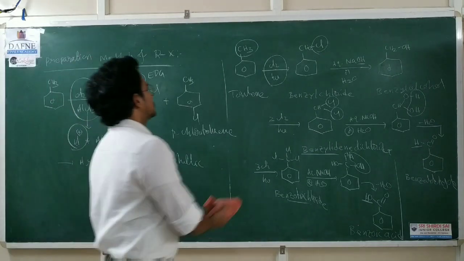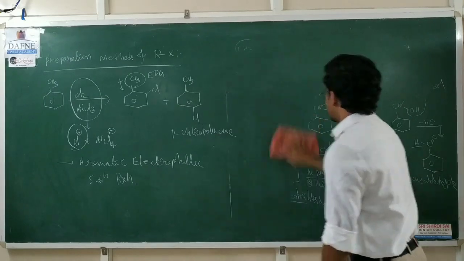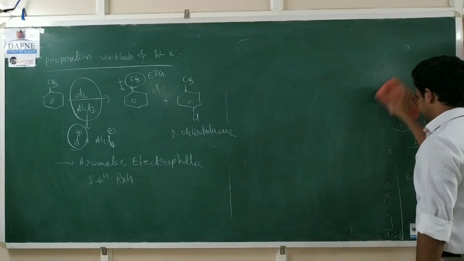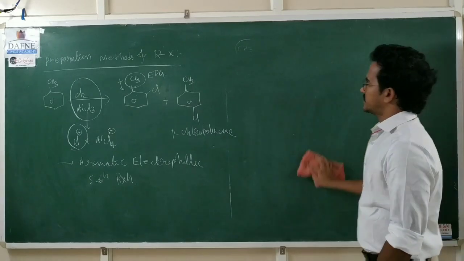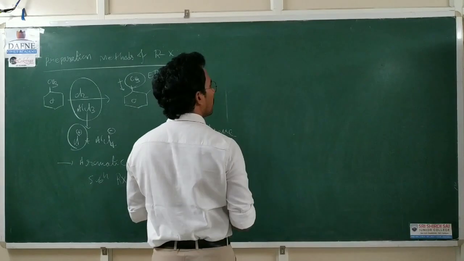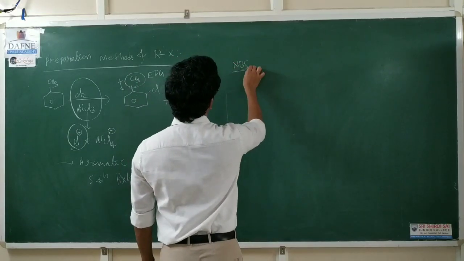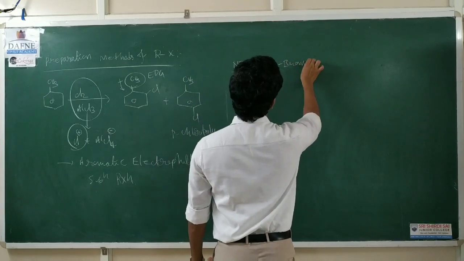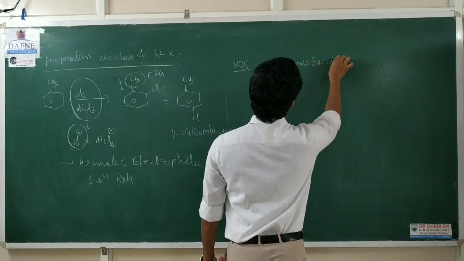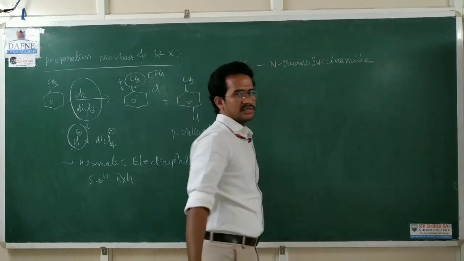Now a similar reaction, another type of radical substitution. That is NBS, N-bromosuccinimide.